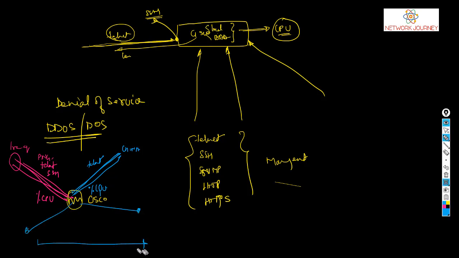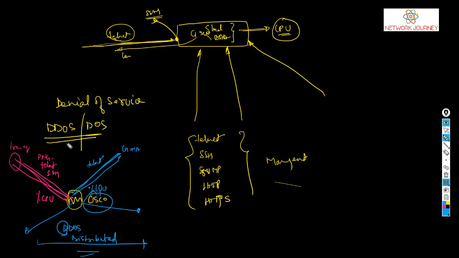This type of denial of service attack is called DDoS. D for distributed. It's a distributed denial of service. You're getting hit from multiple regions on the same box, and the box is trying to respond, which is taking an extra percentage of CPU. So basically the functionality of this box is degrading. It's not able to do its normal job, right?